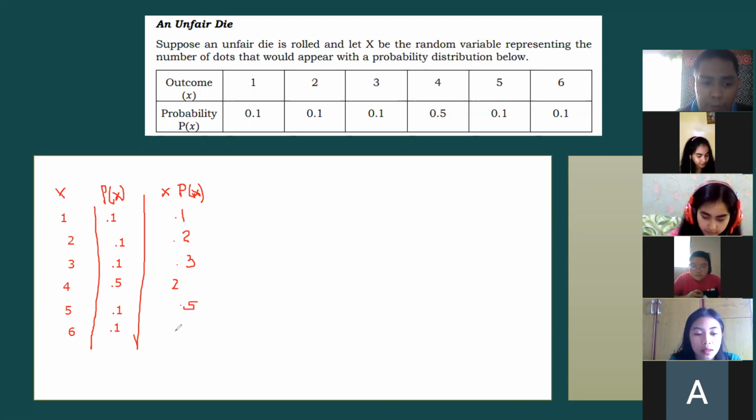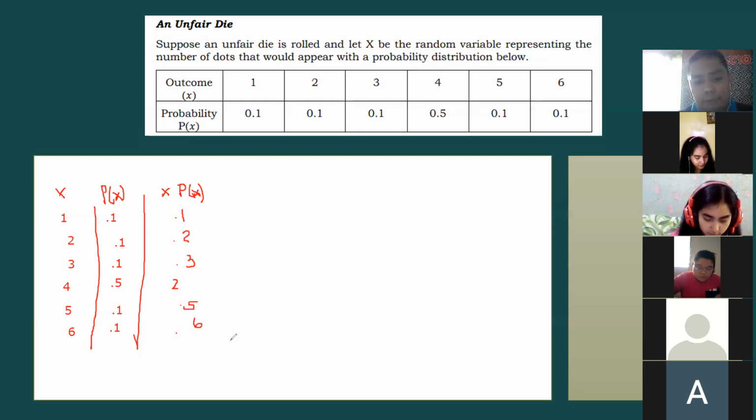And 6 times 0.1 will be 0.6. So let's have this total. So that's 0.1 plus 0.2 plus 0.3 plus 2 plus 0.5 plus 0.6. So nakuha natin is 3.7.